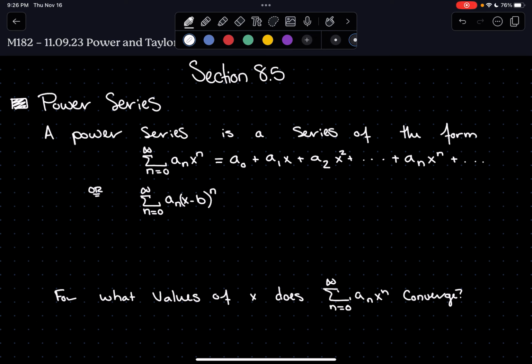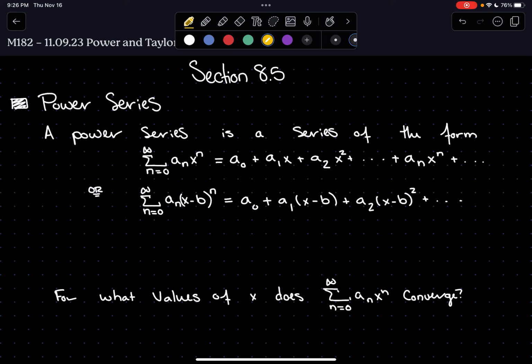This is the form that it is, or we can also write it as a sub 0 times x minus b to the 0, but that's just 1, plus a sub 1 times x minus b to the 1, plus a sub 2 times x minus b squared plus dot dot dot all the way out to infinity, right?